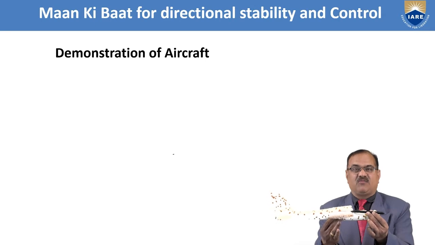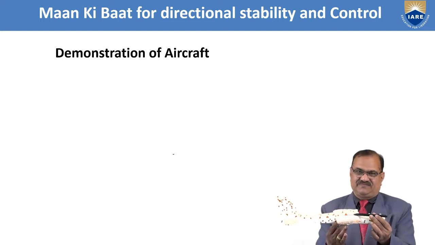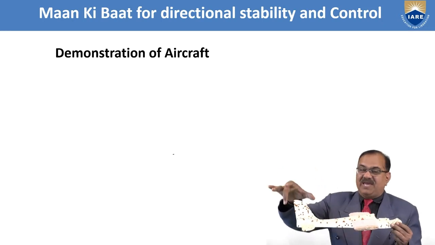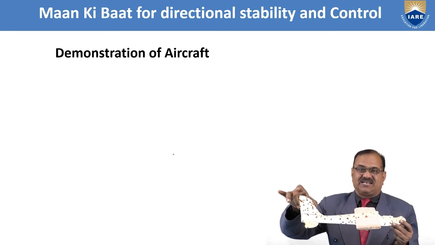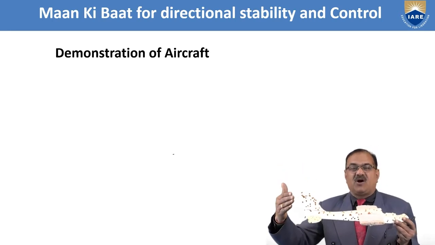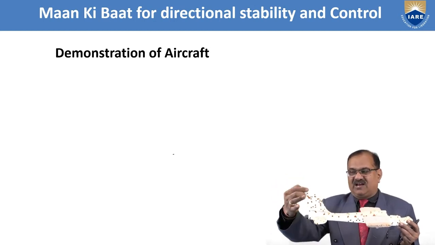These forces and moments will take part in the directional static stability and in the directional control of the aircraft. So the main component affecting aircraft directional static stability is the vertical tail. For the control part, we have the rudder.